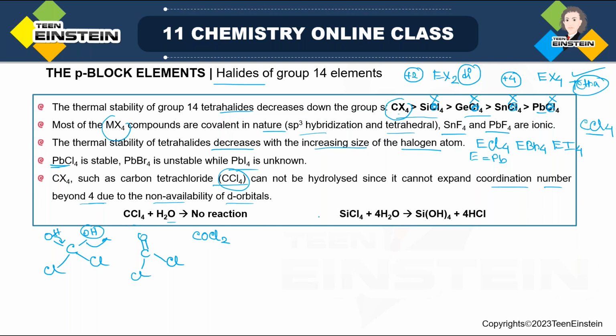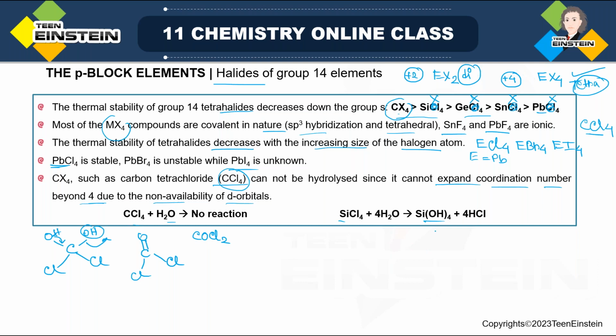But if you take the next element's halide, which is SiCl4, it can react with water and form Si(OH)4. Now one question may arise: it is mentioned as the explanation that carbon cannot expand coordination number beyond 4, but in the final product the coordination number is still 4, right?